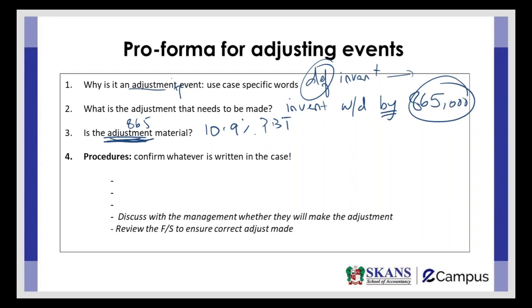Right, guys, can I have some scenario-specific procedures, please? What scenario? They've told you that the inventory cost was 915,000. How will you confirm the cost of the inventory?